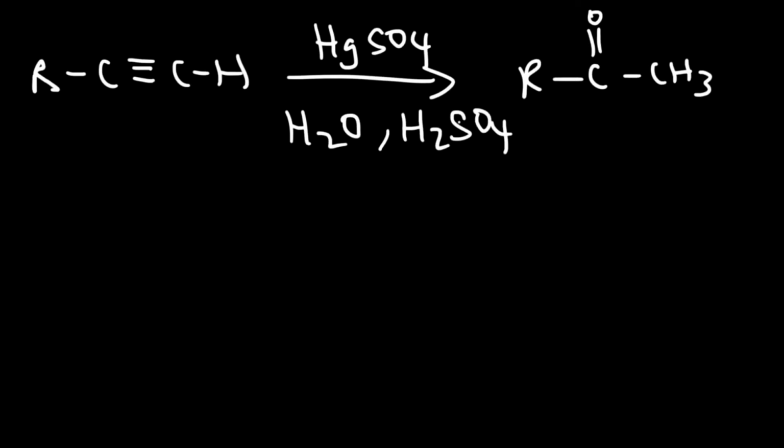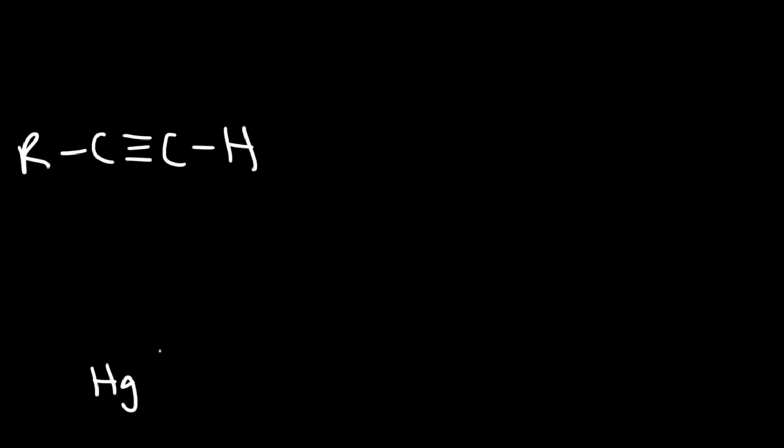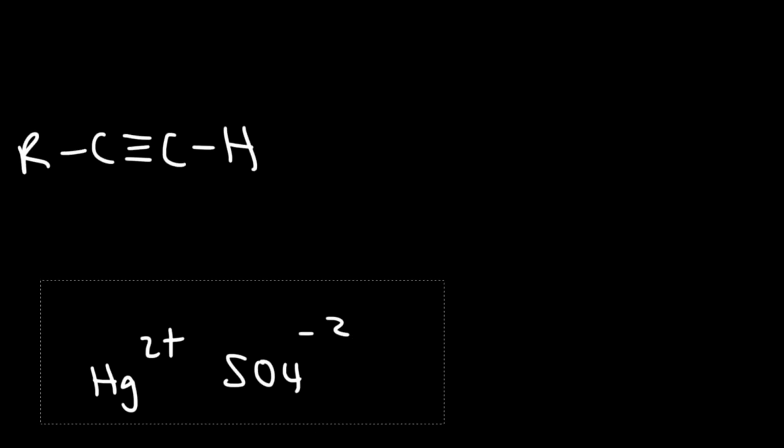Now you might see different mechanisms depending on which textbook you use, but propose an acceptable mechanism for this reaction. So here's one for you. So let's start with the alkyne. Now mercury sulfate contains the mercury 2+ ion and the sulfate ion. The sulfate ion is a spectator ion, so we're not going to worry about that.